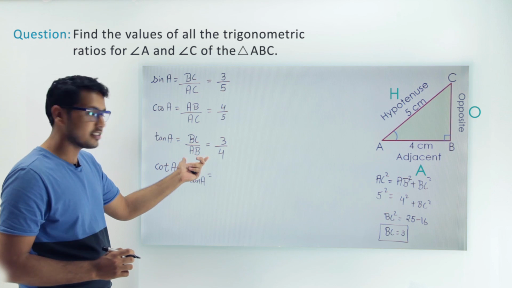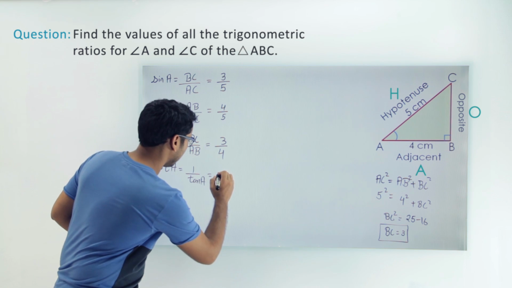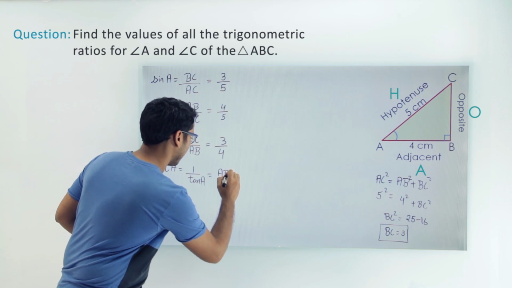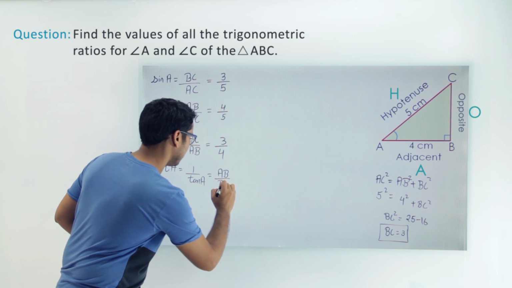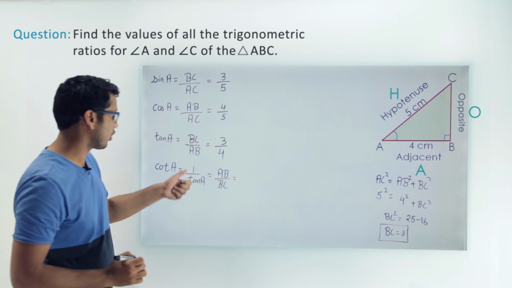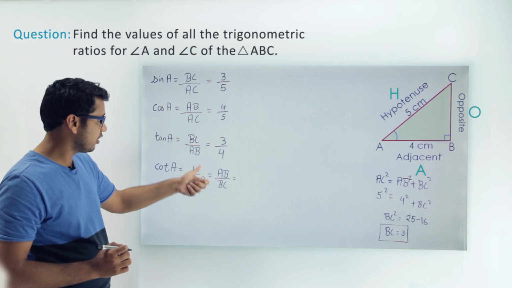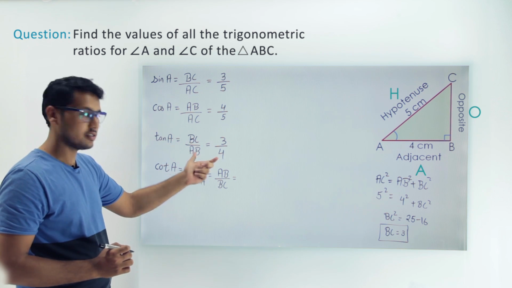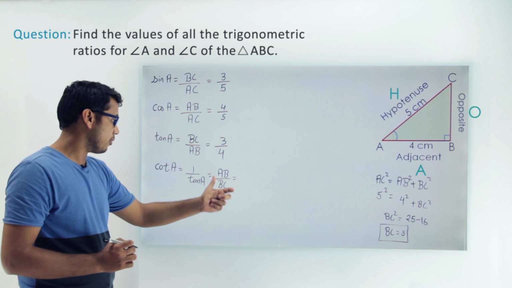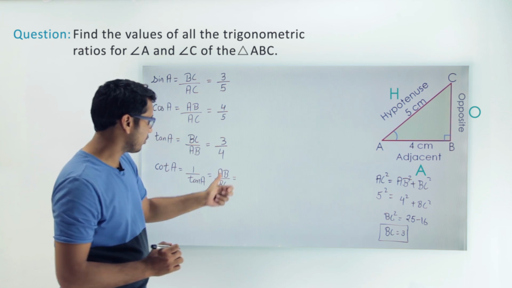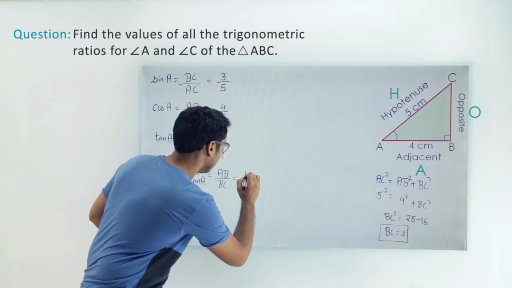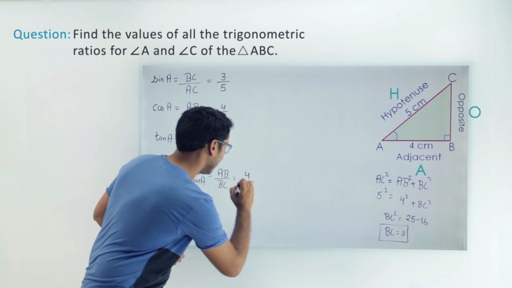Taking the reciprocal of the value of tan A, which is BC upon AB, we get AB upon BC. Now put the values, this will be 4 by 3.